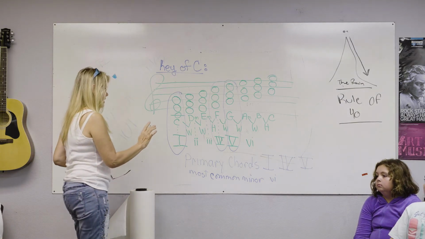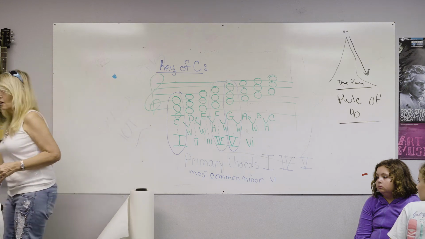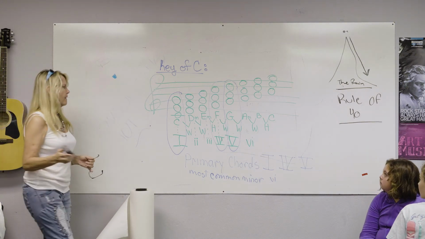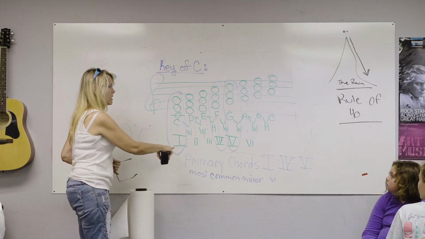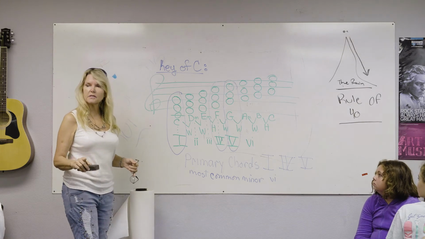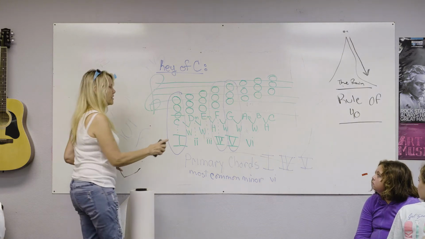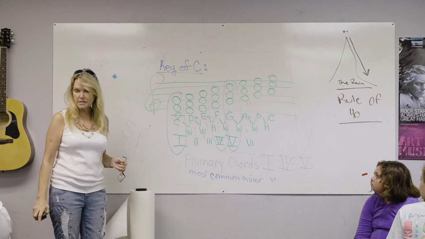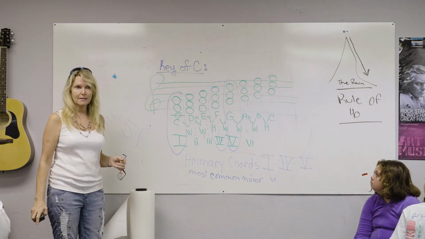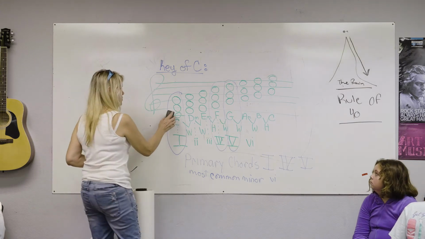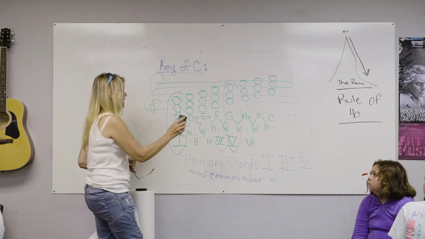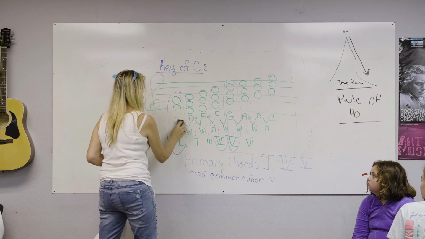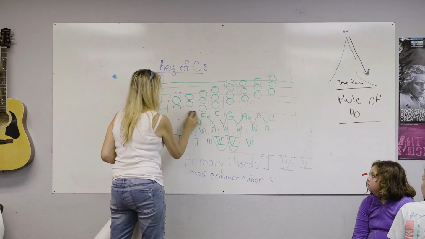So, this is where it gets sticky. Are you ready? Now watch what I erase on the board. I'm not going to erase my numbers because the numbers are going to stay the same. I'm not going to erase my whole, half, because that's going to stay the same. I have to erase the letters and the notes.